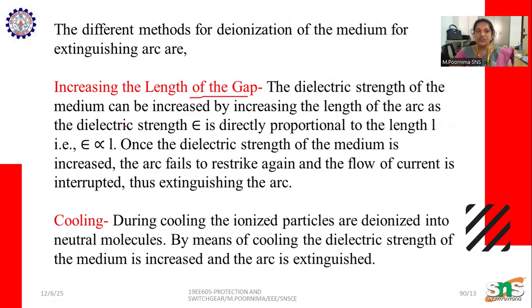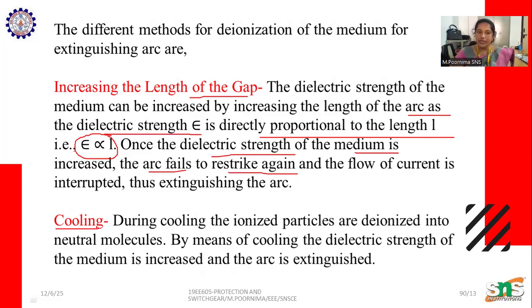The dielectric strength of the medium can be increased by increasing the length of the arc, as the dielectric strength is directly proportional to the length. Once the dielectric strength of the medium increases, the arc fails to restrike, the flow of current is interrupted, and the arc is extinguished. This is one method, increasing the length of the gap.